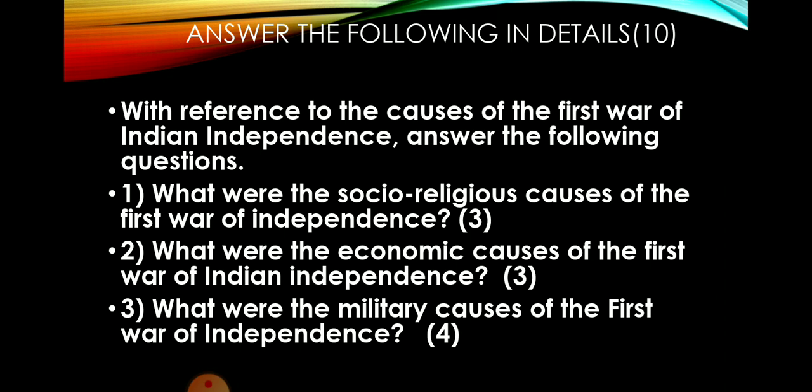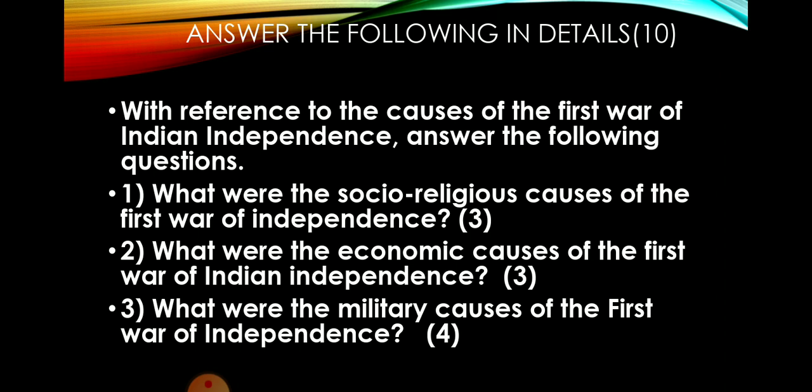Related to the causes, 3 sub questions are there. The first sub question, what were the socio-religious causes of the first war of independence? It is a 3 mark question, so you have to write 3 points. We have studied 7 or 8 socio-religious causes.